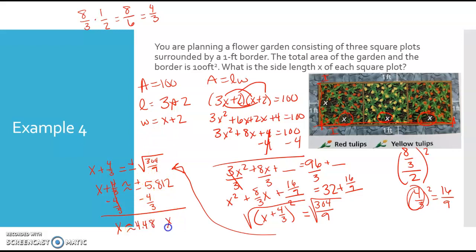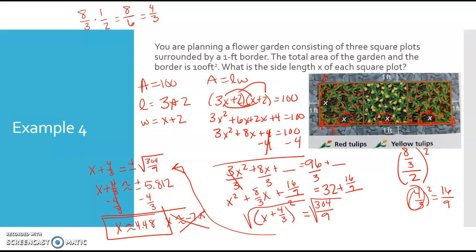If I do negative 5.812 minus 4/3, I get approximately negative 7.15. Well, negative doesn't make sense in this, so that one goes away. And so each side needs to be approximately 4.48 feet for it to be a perfect square.